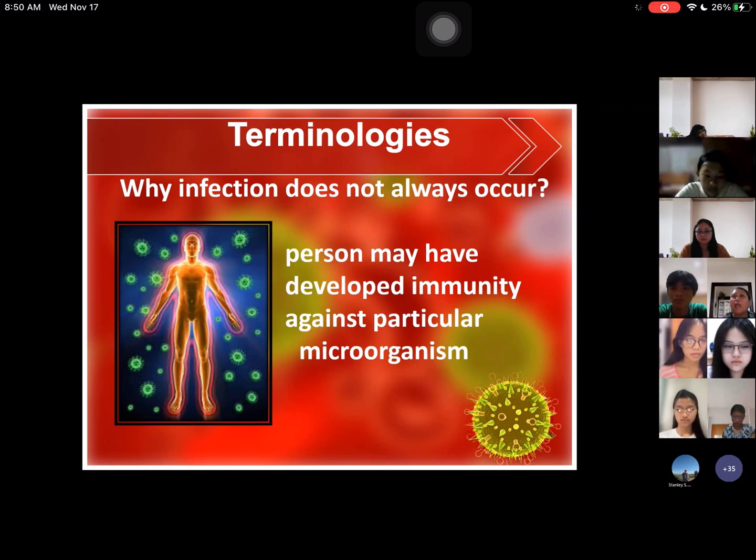Aside from this is vaccination, the one that we have already taken in this time of pandemic. Okay, we are vaccinated against the COVID-19 disease caused by SARS-CoV-2. The vaccination is actually having the weakened pathogen that prompts our immune system to act against the pathogen if the actual infection occurs.